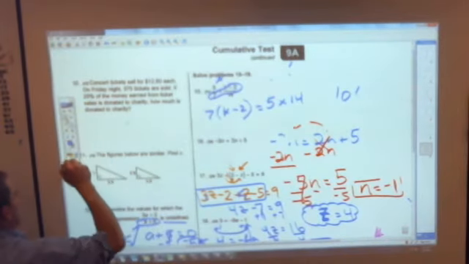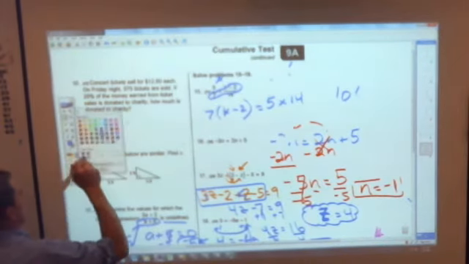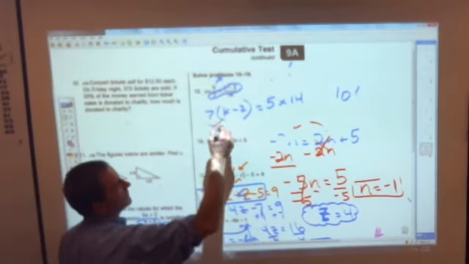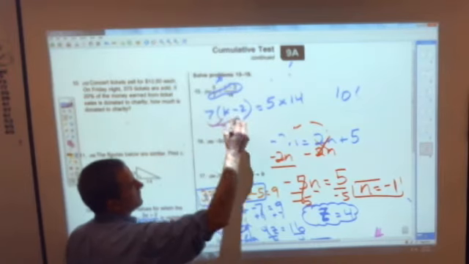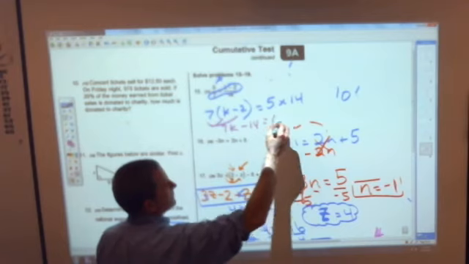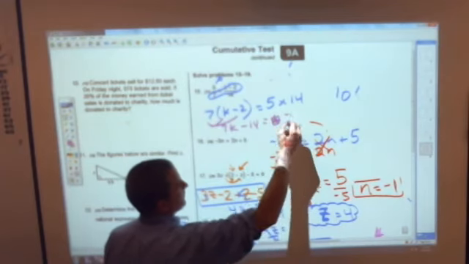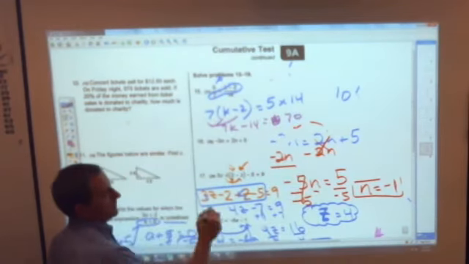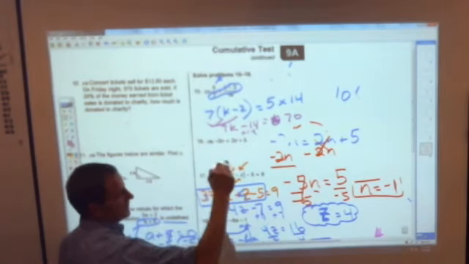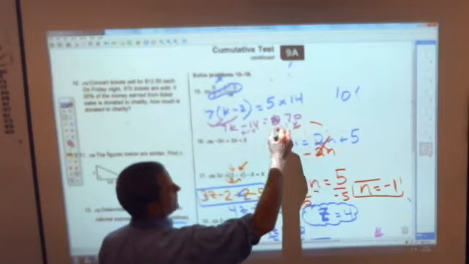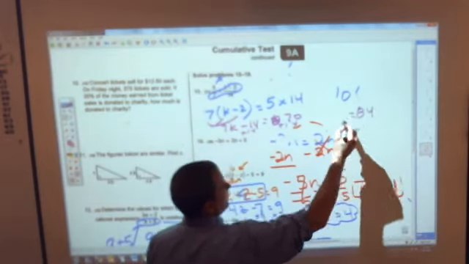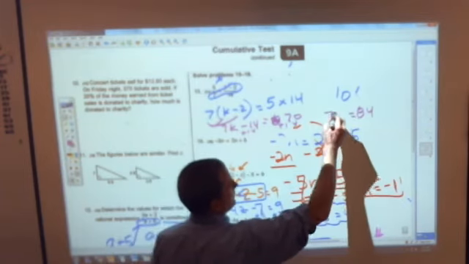And then Leighton will tell you anytime you see parentheses, you're probably going to use what, Leighton? Distribute. There we go. 7k minus 14 equals 5 times 14 is 70. And then, to solve this, a lot of equations, by the way, on this test. So I hope you know equations. 70 plus 14 is 84. And that equals 7k.